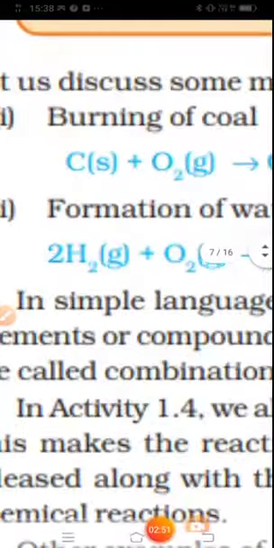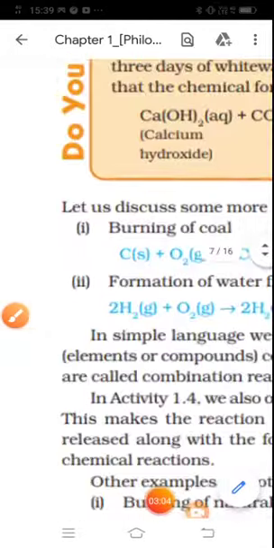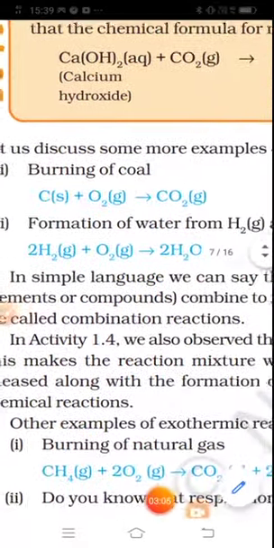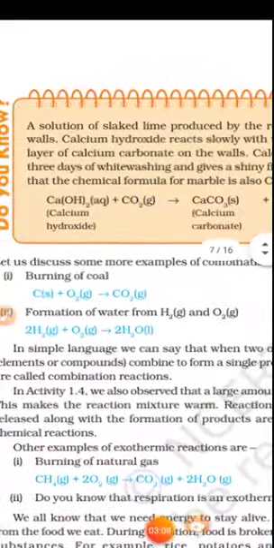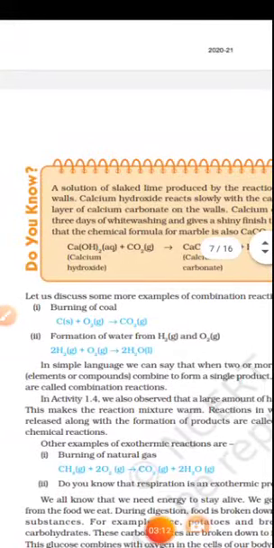Formation of water from H2 and O2. Now you will see that hydrogen is found in gaseous form, O2 is found in gaseous form. Both will form water. It is known as H2O. Okay, in simple language you have to understand: when two or more substances, elements or compounds, combine to form a single product, it is called a combination reaction.